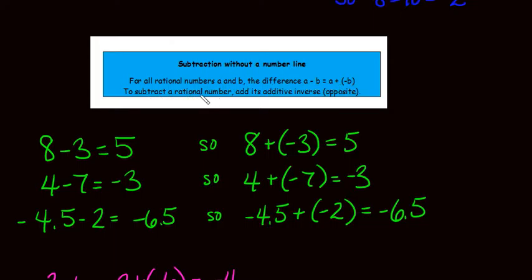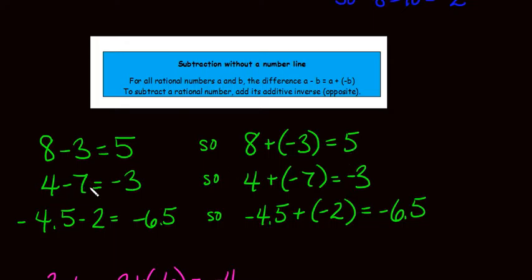To subtract a rational number, add its additive inverse, which is its opposite. So look at these examples in green I've given you. 8 take away 3 equals 5. And if we think of it in terms of this definition, it is 8 plus negative 3, the opposite of this, which is 5.